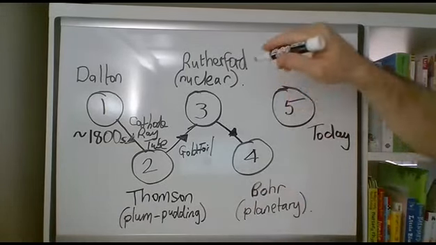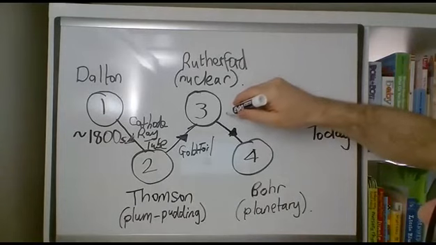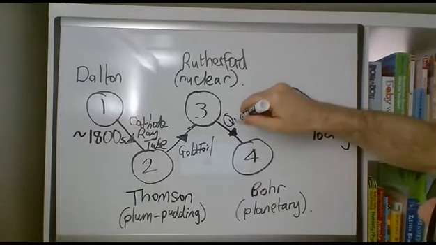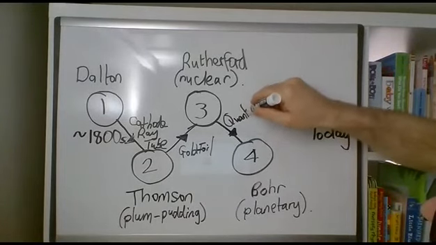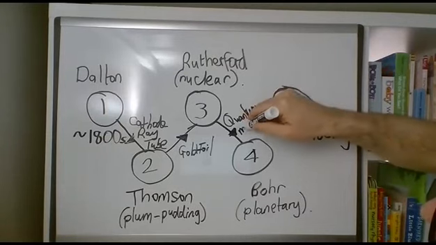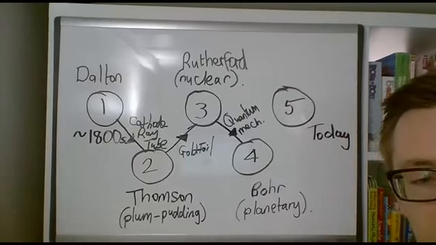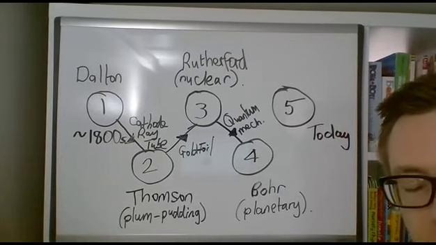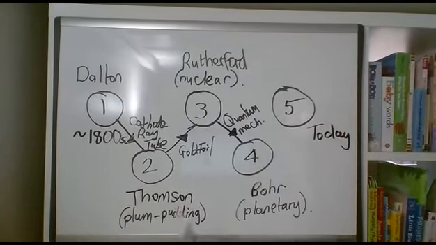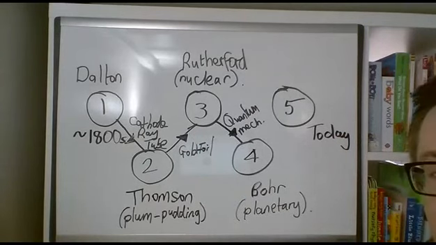What led to that was quantum mechanics. So the discovery of a new type of physics called quantum mechanics led to a great shift from the nuclear model to the Bohr model.